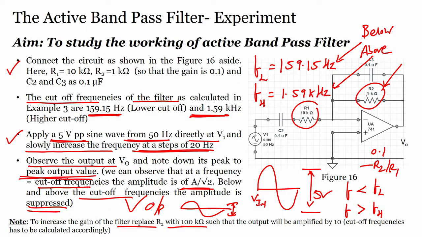Right now R2 is 1 kilo ohm and R1 is 10 kilo ohm, so my gain is 0.1. If I make R2 10 kilo ohm, the gain is 1. If I make R2 100 kilo ohm, the gain becomes 10. So 0.1, 1, 10, which means I can change my gain with the help of R2. In case of passive filters, we cannot change the gain.